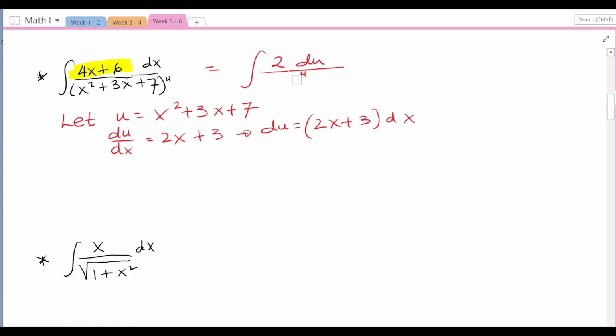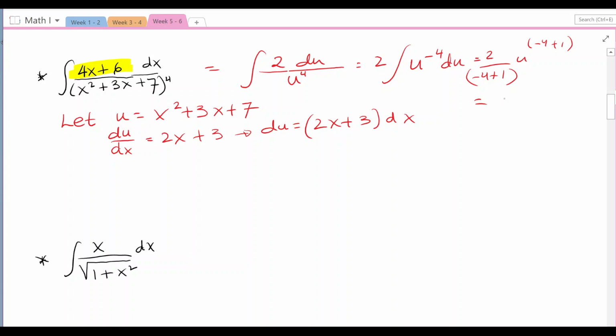This is the same as 2 times the integral of u to the power of -4 du, and therefore by the simple definition of integral, we have 2 over (-4 + 1) times u raised to the power of (-4 + 1).